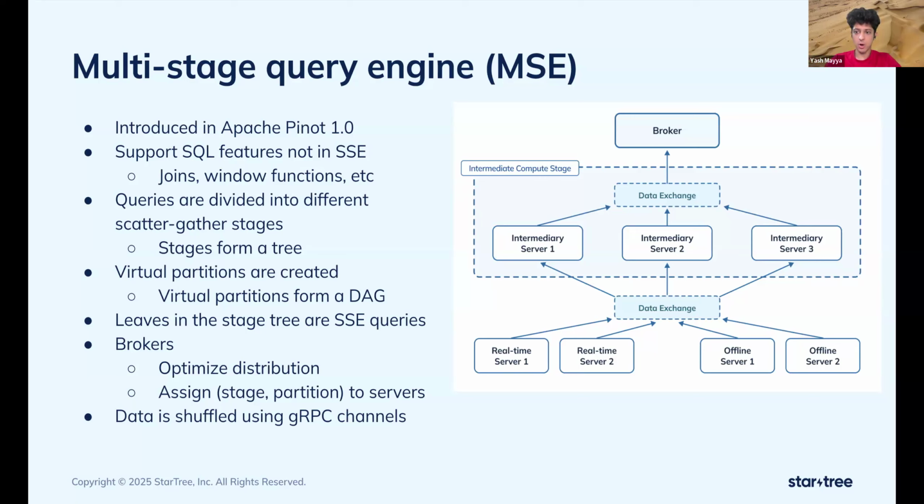The brokers optimize the distribution and assign stages and partitions to workers on the servers based on the query parallelism. So that's a bunch of jargon, but most importantly, what you need to keep in mind is that data is shuffled between these stages, either using gRPC or in memory, depending on whether the stages are on the same server or separate servers. Ideally, we'd want to avoid shuffling data through gRPC because that's going to add network overhead.